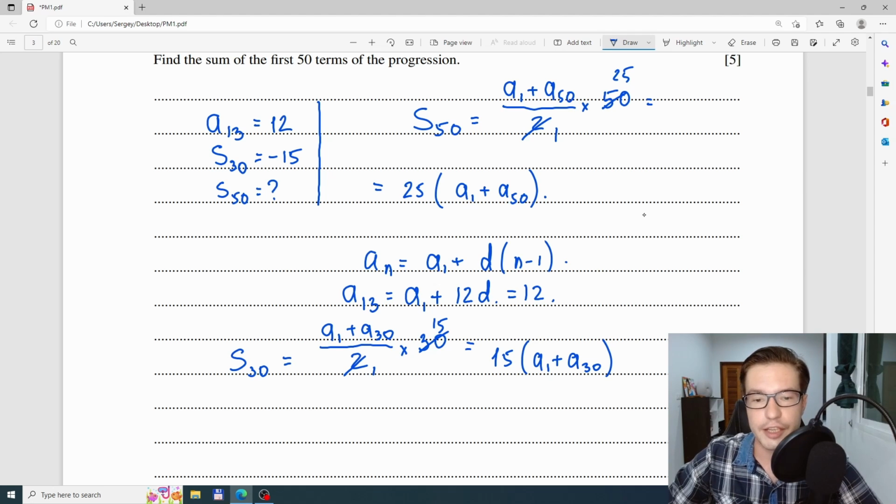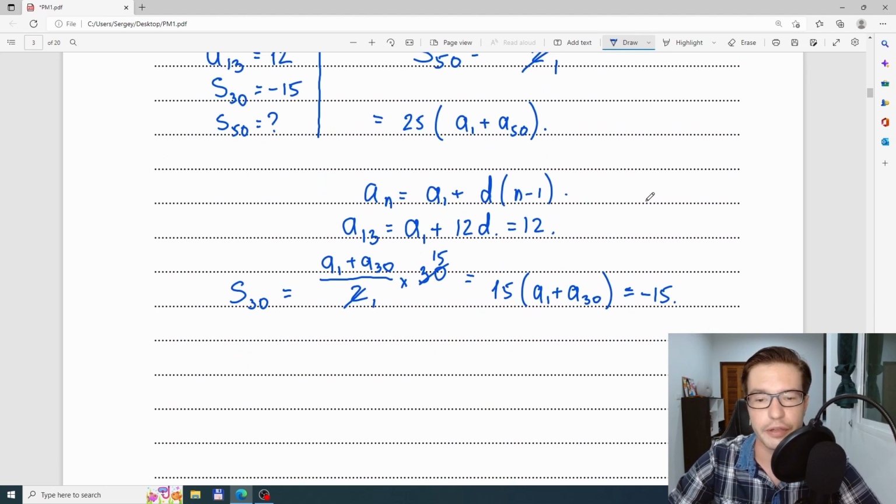Okay, at this step, that equals minus 15. And it looks like we have simultaneous equations. So we've got A1 plus 12d equals 12.